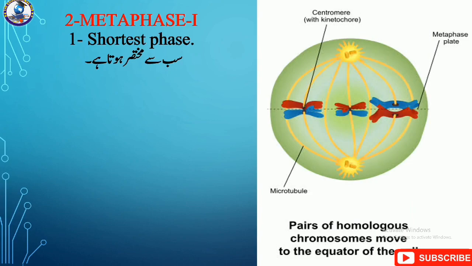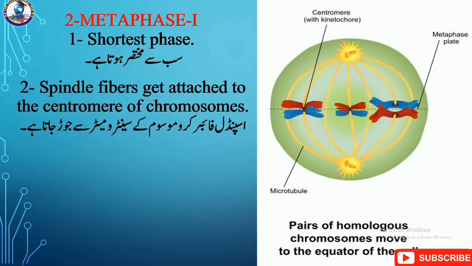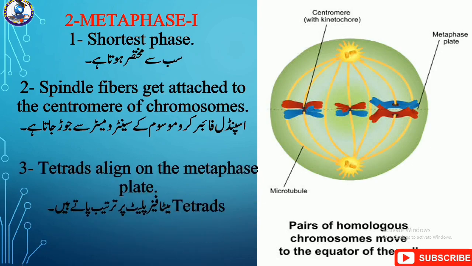Now moving towards the second phase of division 1, that is metaphase 1. Metaphase is the shortest phase in division 1 and also in division 2. In this phase, the spindle fibers get attached to the centromeres of chromosomes. Tetrads or bivalent chromosomes align on the metaphase plate, or you can say the equatorial plate.